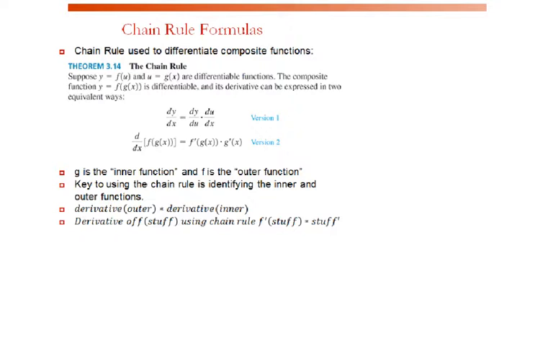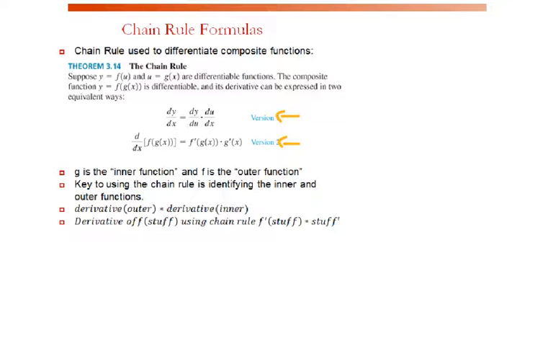So here's the formal theorem for the chain rule, and it's written with two different versions in mind. This formal one, the first one, will help in Calc 2, and the second one I think is a little bit easier to manipulate. And then I'm going to add a third one. So let's step through it.